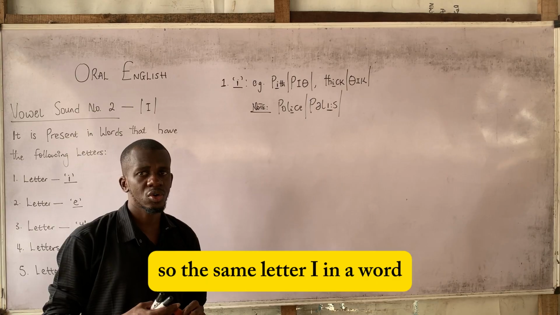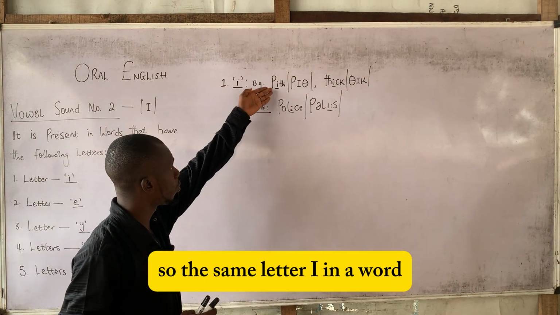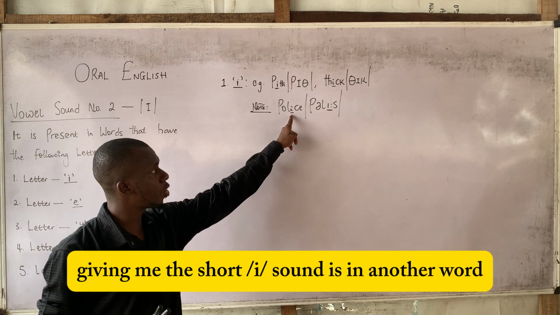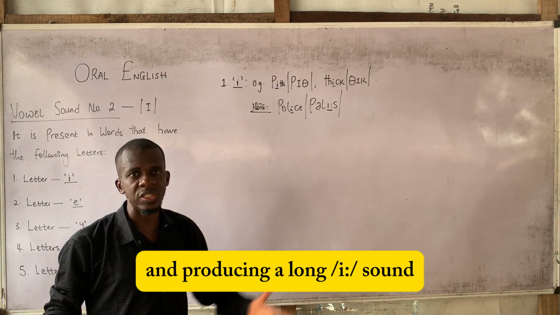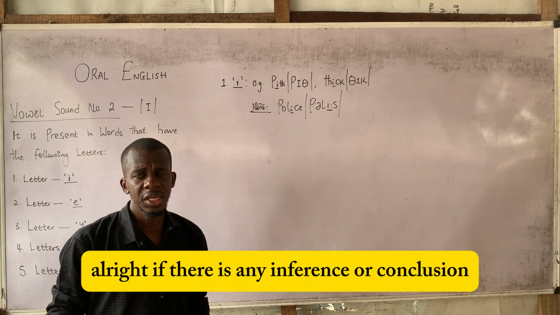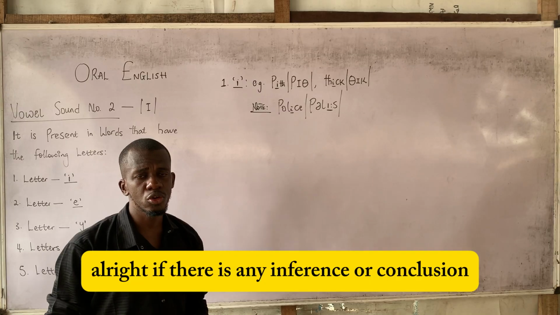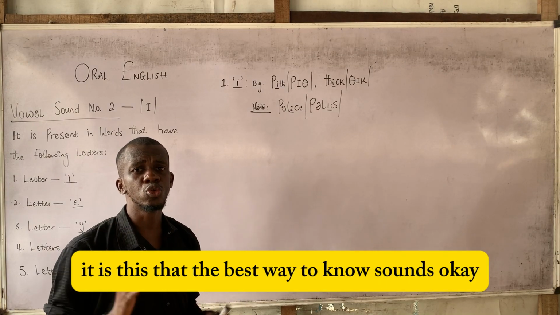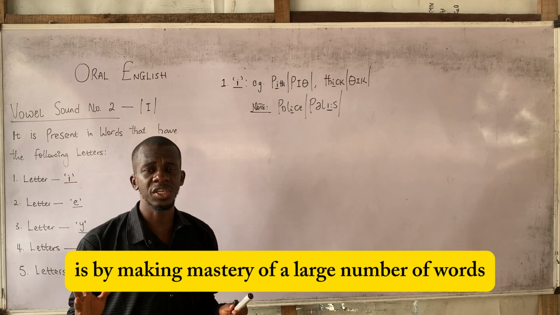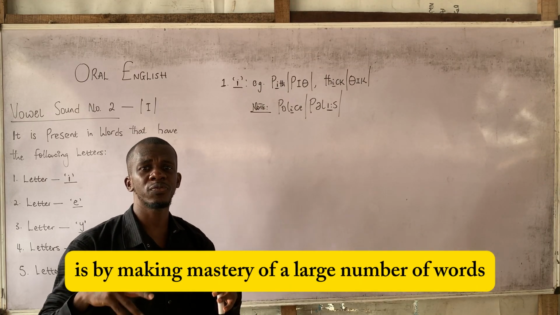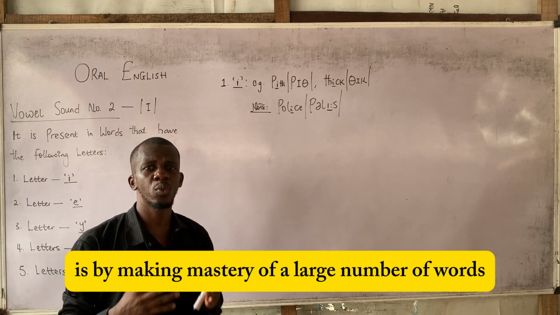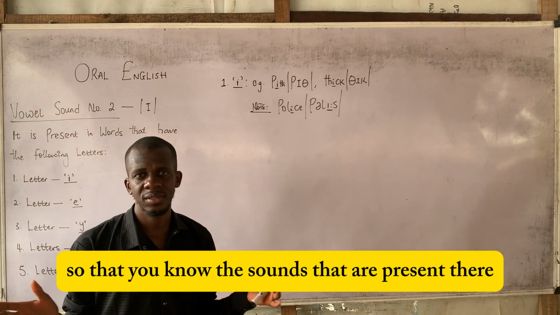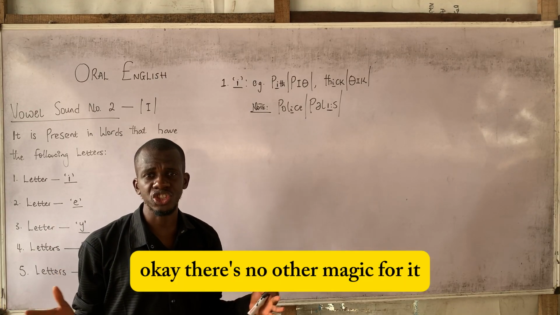So the same letter I in a word giving me the short E sound is in another word producing a long E sound. If there's any inference or conclusion we can draw from here, it is this: the best way to know sounds is by making mastery of a large number of words, so that you know the sounds that are present there. There's no other magic for it.